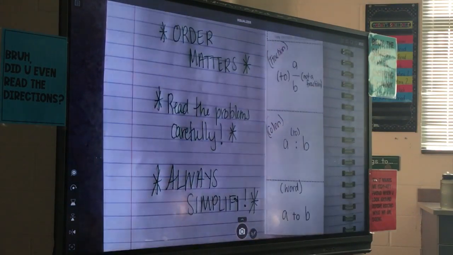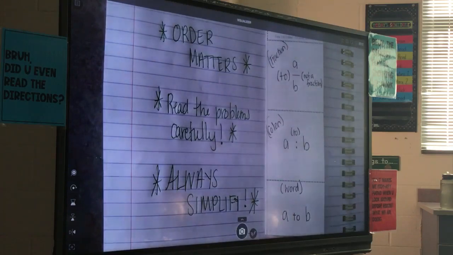And then always simplify. So those are the 3 things that you need to remember when you are doing ratios.